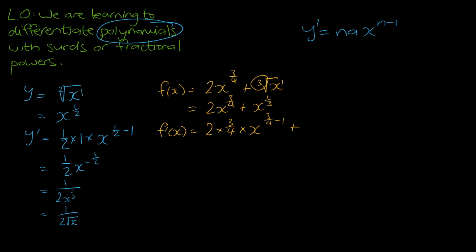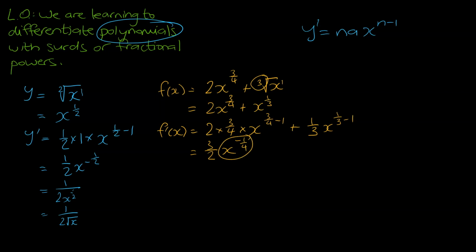So that's going to be 1 times 1/3, so that'll just be 1/3 times x to the power of 1/3 minus 1. So let's look to simplify all this to make our life a bit easier. So the first one, 2 times 3/4, that's going to become 6/4, which then becomes 3/2, times x, 3/4 minus 1, that's going to give us negative 1/4.